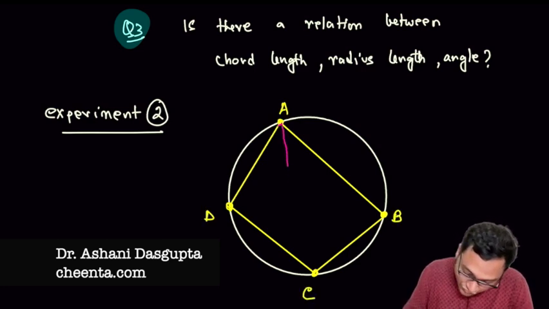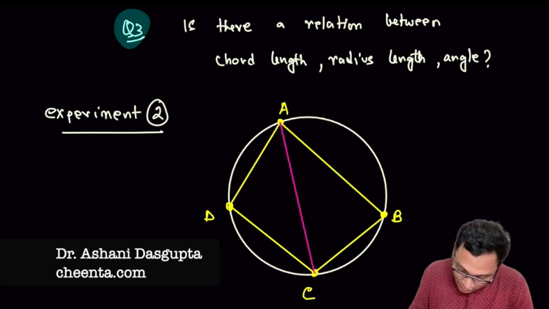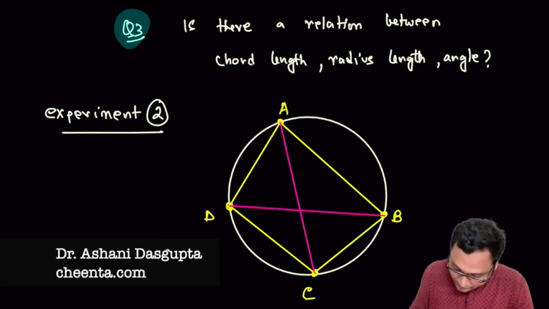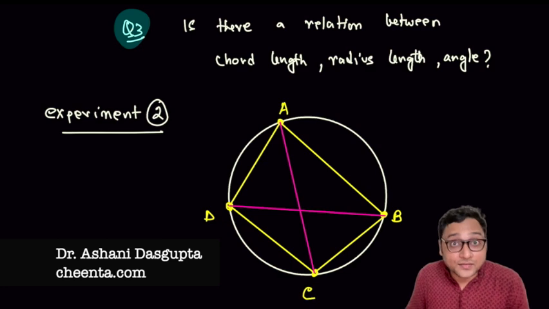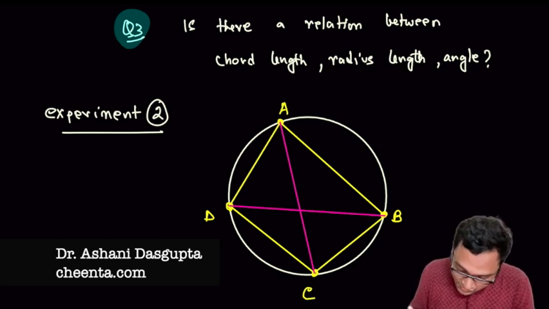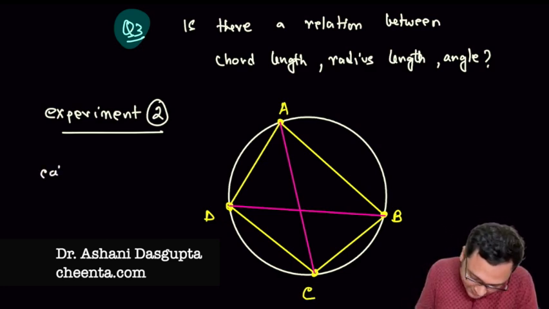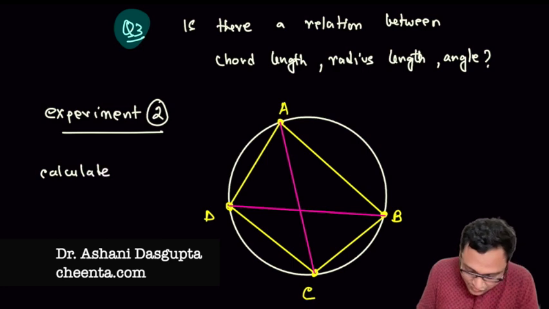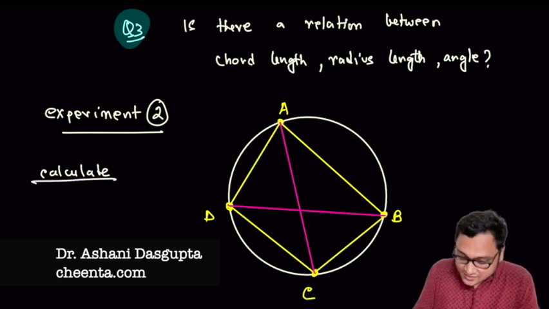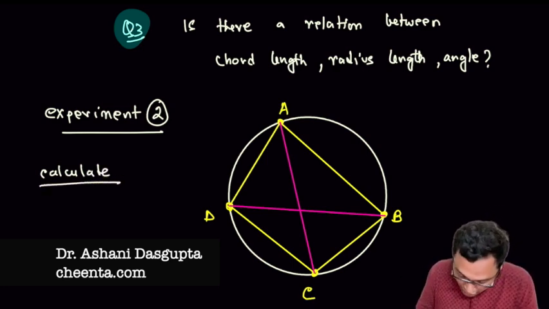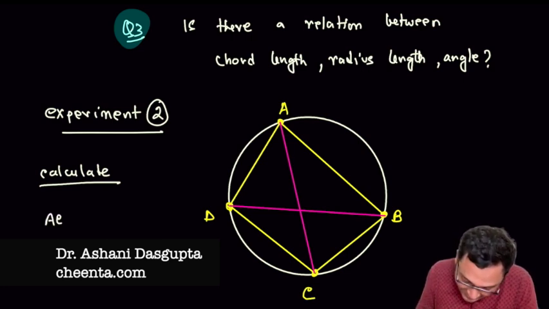I will also draw the diagonals of the quadrilateral. So I want you to calculate, and you can do this using a ruler, a scale, a marked ruler, AC times BD.